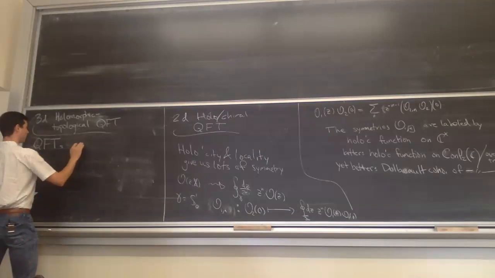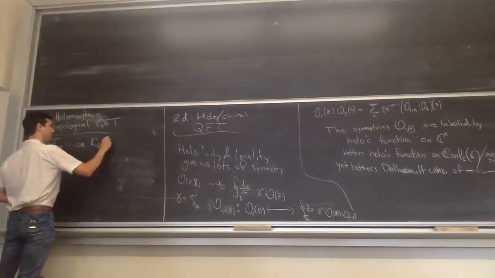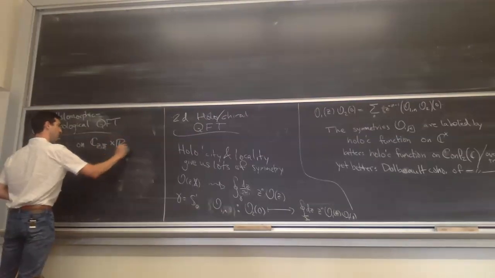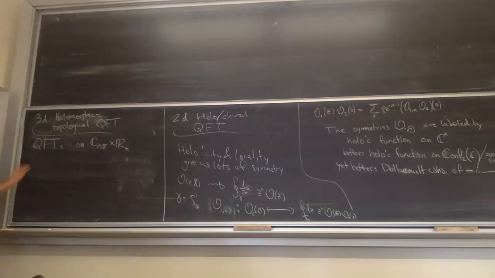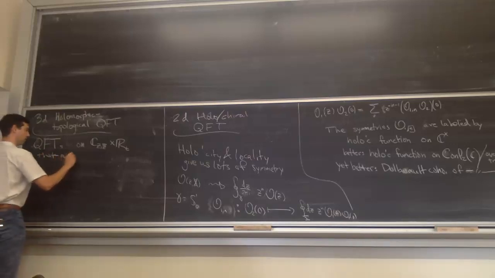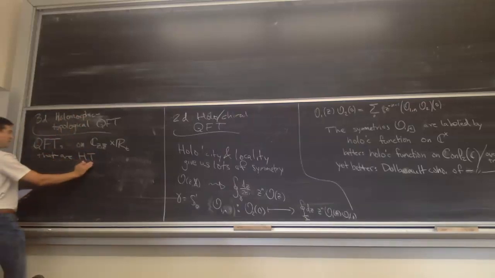But we're going to consider 3D quantum field theories on a space-time of the form C times R, where I have holomorphic coordinates z and z bar on the complex plane and a smooth coordinate t on the real line. And rather than write holomorphic topological forever, I'm just going to call it HT.